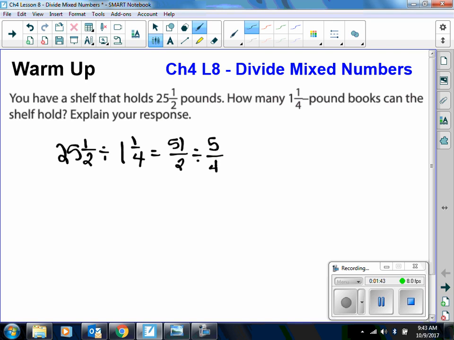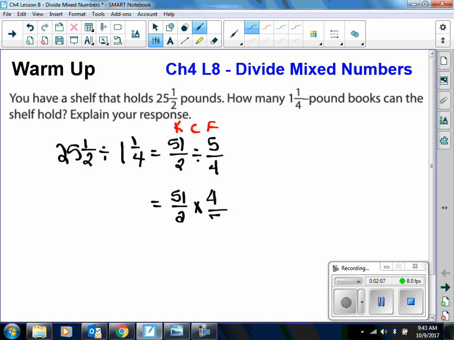So we end up with 5/4. So now we can keep, change, flip. Okay? So we've got 51 halves. And we're going to change the division to multiplication. And the 5/4 flips to the reciprocal, which is 4/5.